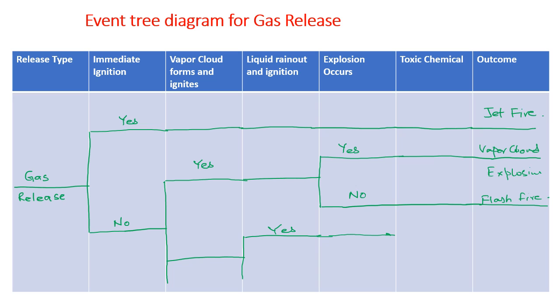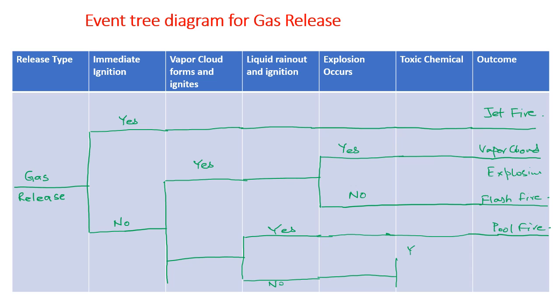It can be a dike or any other place where the liquid gets contained, and if that catches fire, then it results in pool fire. Now if liquid rains out and the ignition does not happen, there is no chance of explosion here because the ignition has not happened.